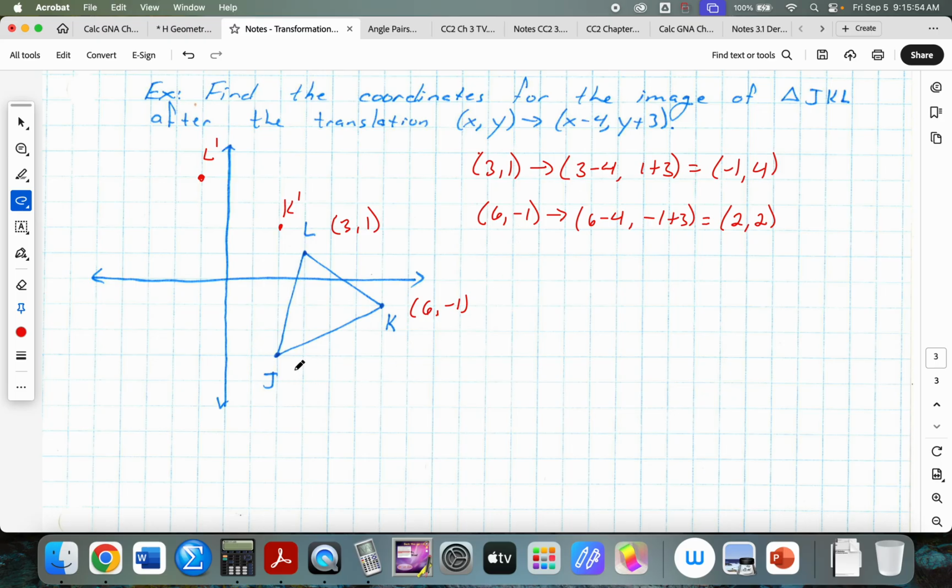And then J, which is at 2, negative 3, maps onto 2 minus 4 and negative 3 plus 3. That's going to map onto negative 2, 0. And that'll be J prime.